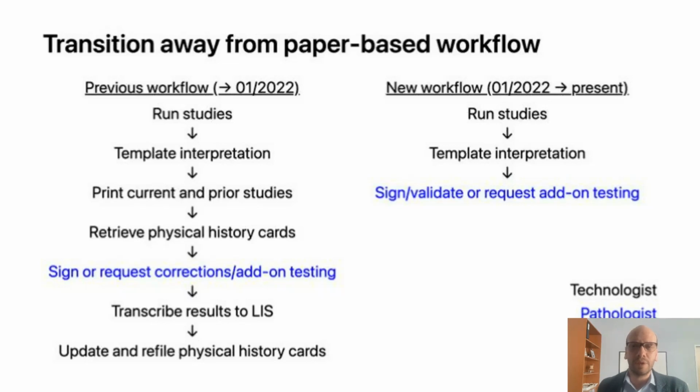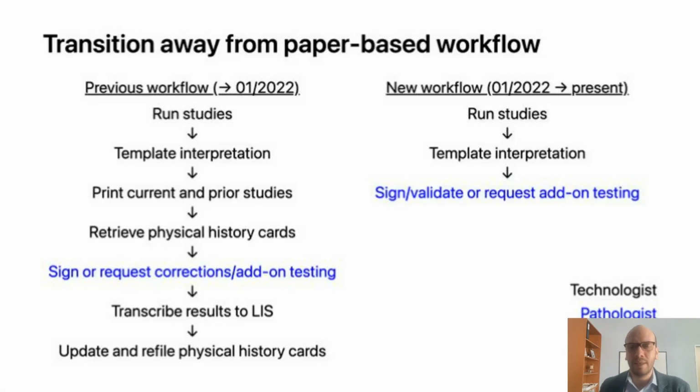Now, the new workflow looks much simpler. The technologist runs the study and templates the interpretation, and then the pathologist will sign and validate that interpretation, or change it, or request add-on testing right within the software environment.